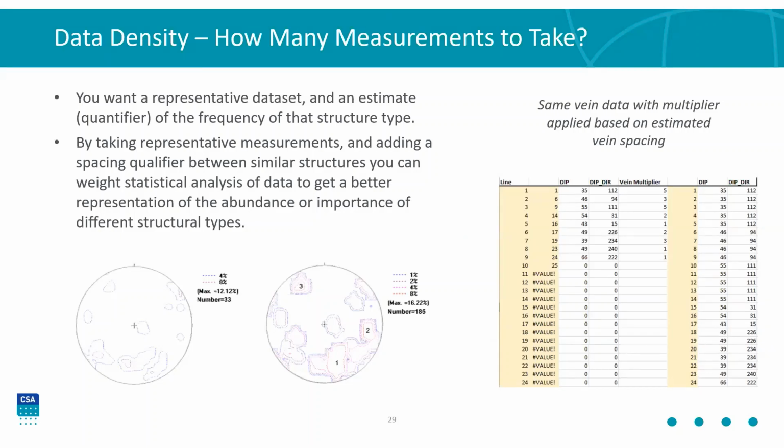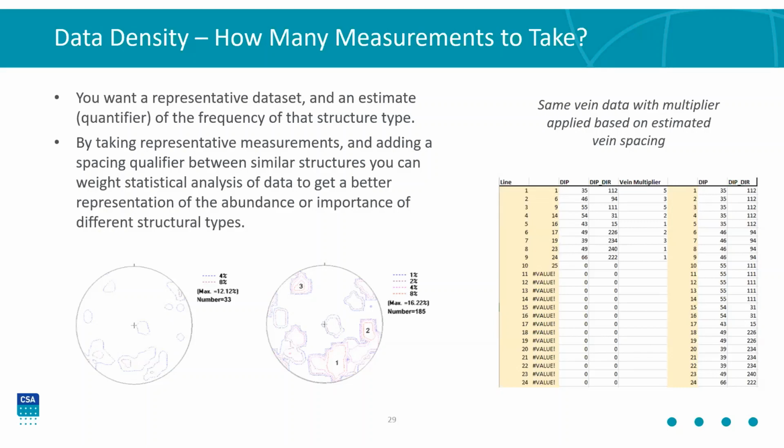I've seen a few projects where we have hundreds or thousands of measurements, 100 measurements in a drill core, you know, and that's a real waste of a geologist's time, actually. So you don't need to take a measurement of every single structure.